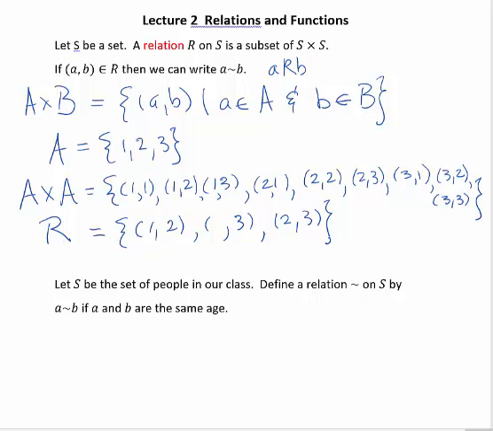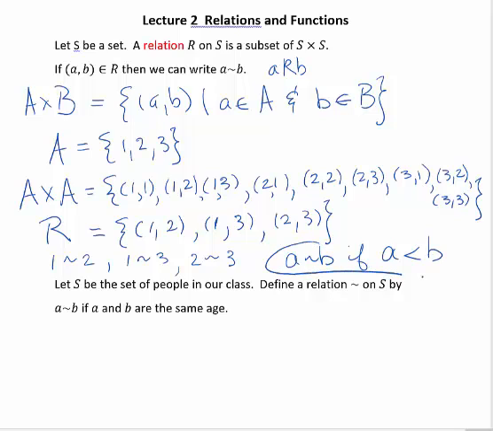Now that subset of A cross A is a relation on A. And we can say that 1 is related to 2, 1 is related to 3, and 2 is related to 3 in this relation. And actually what I was thinking is that a is related to b if a is less than b. So this is a relation defined on the set A equals the set containing 1, 2, and 3. Any subset of the Cartesian product is a relation.